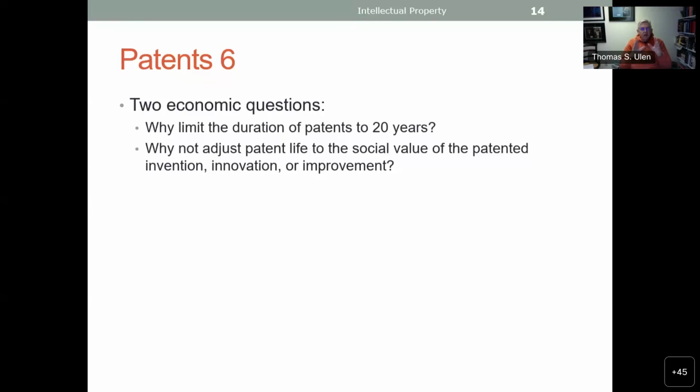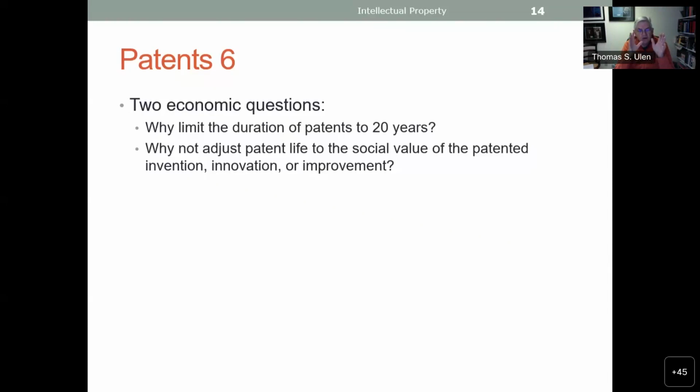Now, I want to hasten to add that not every patented innovation is a monopoly. It could be relatively easy to invent around, as they say, a patent. In that case, there is no social cost to having the patent right for 20 years.